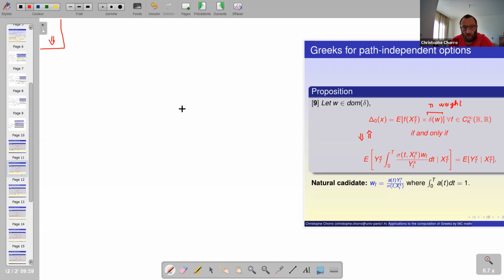So suppose that you are in this situation. That is, I suppose that for all f of class C infinity with compact support here, delta 0 of x is given by this expression.